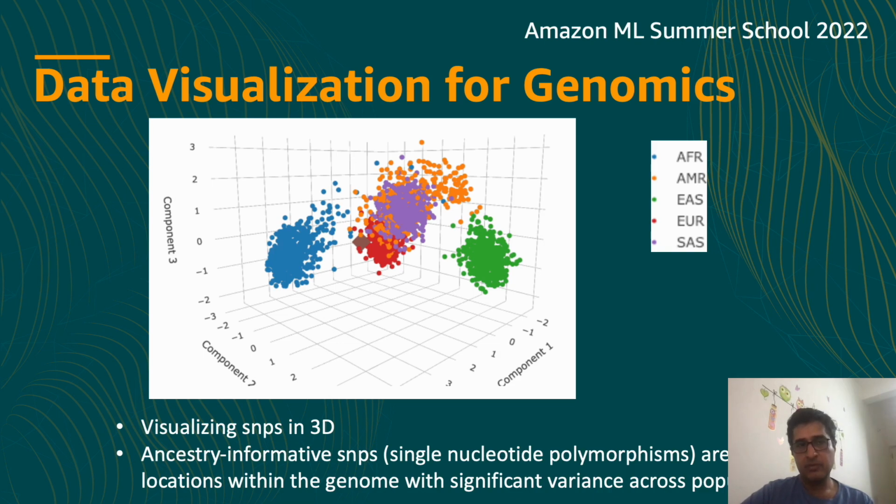Similarly, in the case of genomics, you are able to visualize this large gene data on a 2D or a 3D map. In this particular case, this is a 3D lower dimensional representation, and you are able to map out the ancestry information of various individuals, where they came from in terms of their genomes, on a three-dimensional space.